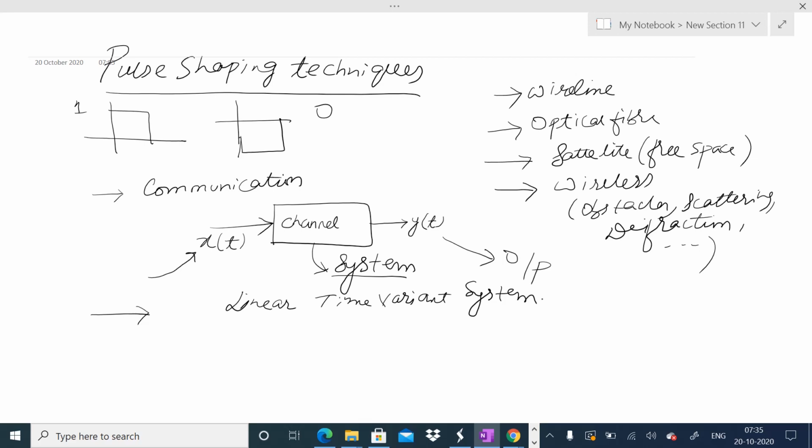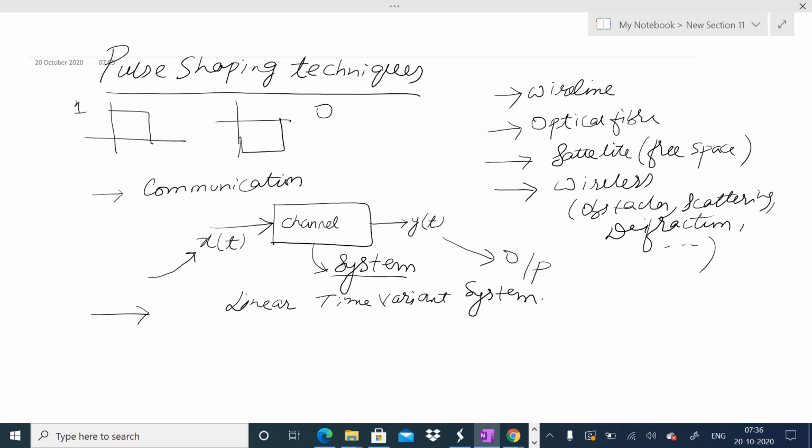Suppose in wireline you can use low frequencies as in the case of telephone, but if you transmit at the same frequencies over wireless channels, it will not be transmitted. You need much higher frequencies for wireless communication. The reasons are several: antenna height and other things.